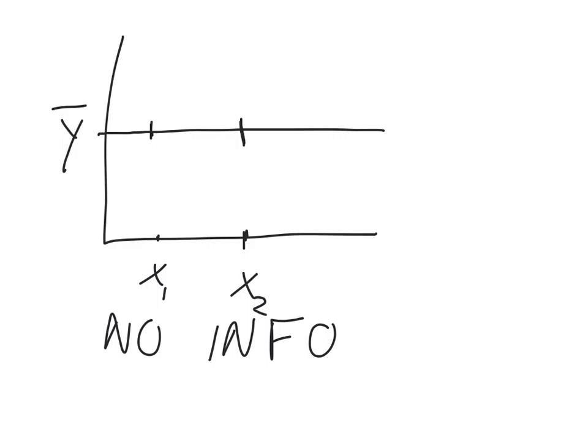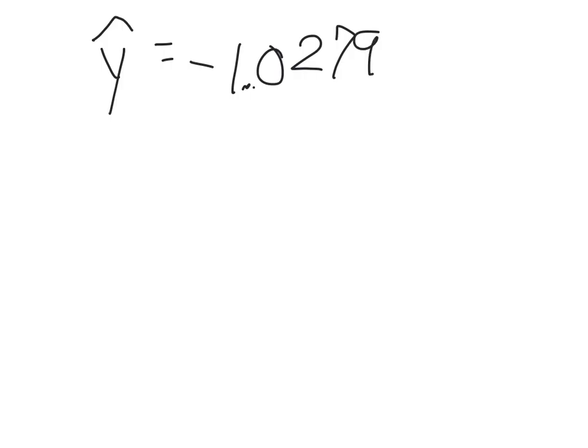Okay, so let's go ahead and answer problem 17. So our regression equation is minus 1.0279 plus 0.051381 x.